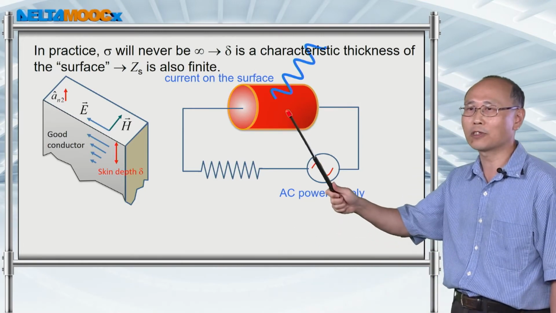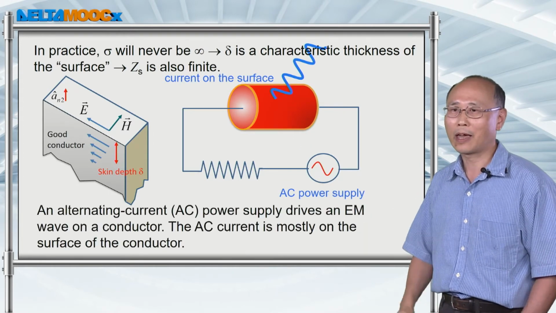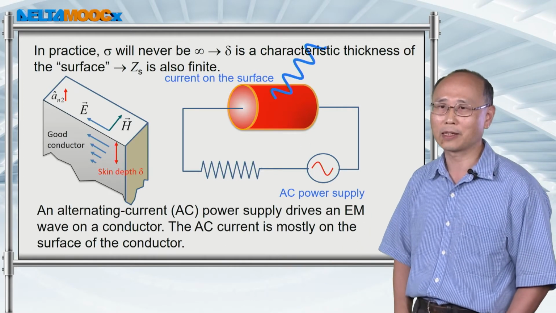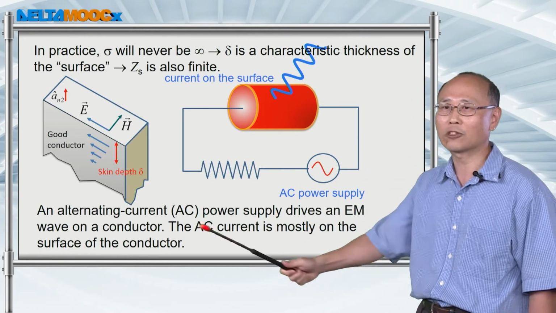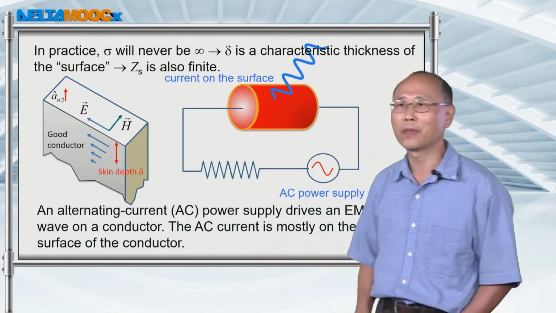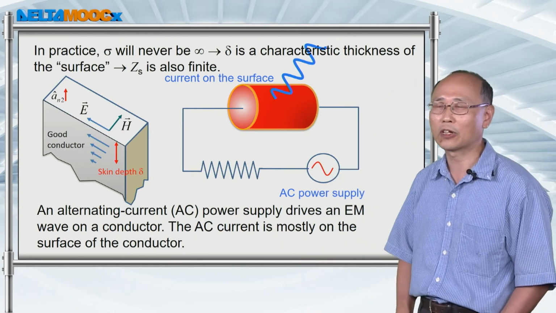Only the current outside the volume will produce radiation. And so a simple conclusion is that an alternating current power supply drives an electromagnetic wave on a conductor, and the AC current is mostly on the surface of the conductor.